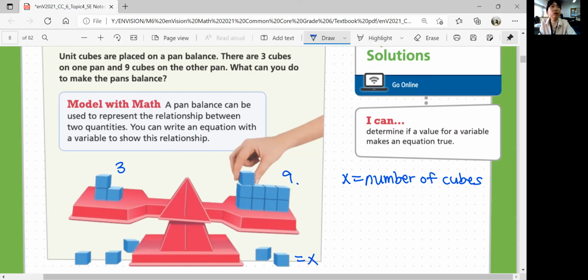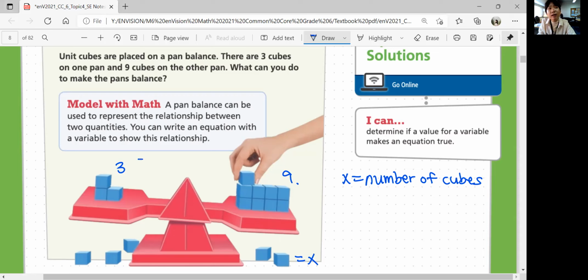So in order to make the pans balance, how many cubes do you have to add or subtract, right? So you can either add or subtract from the left or the right. If you add, you want to balance it, right? You want the same number.